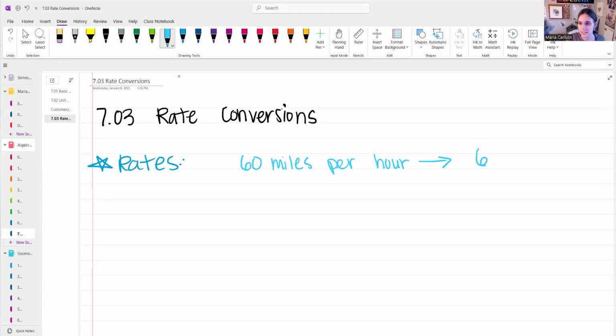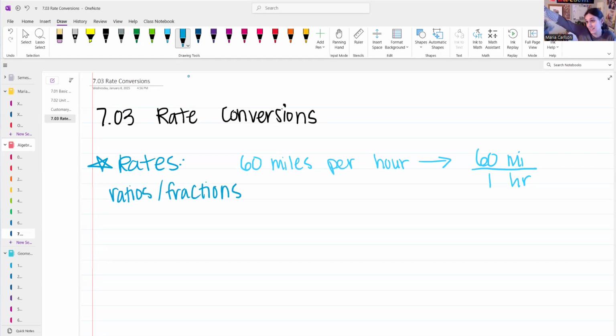This is 60 miles per every 1 hour. So rates are really just ratios to different units, fractions, which then can be converted into decimals. We're going to look at examples here.